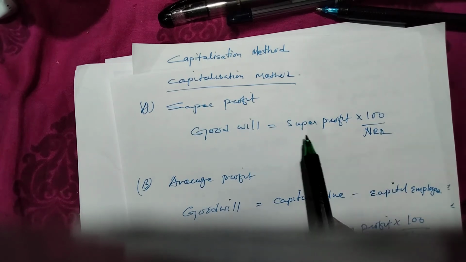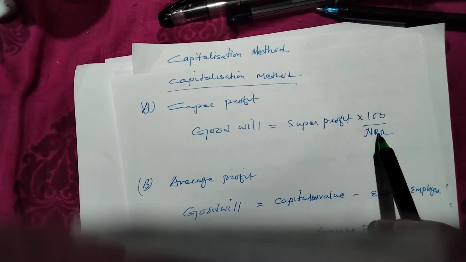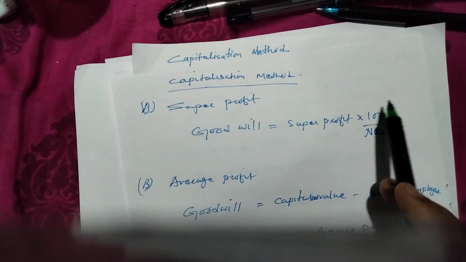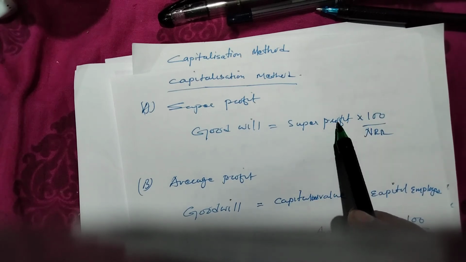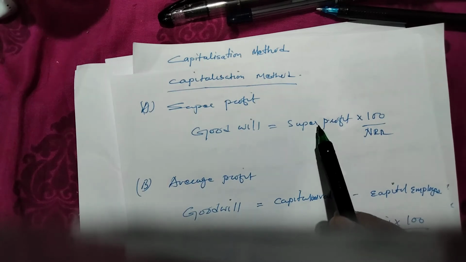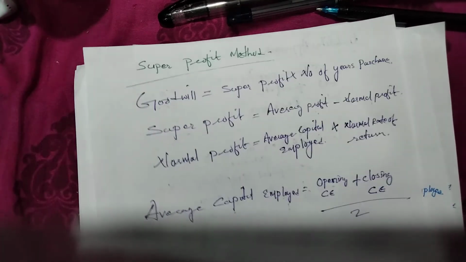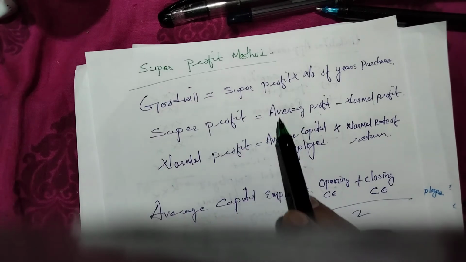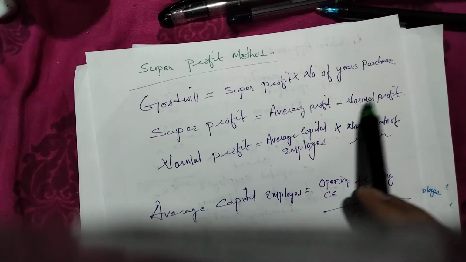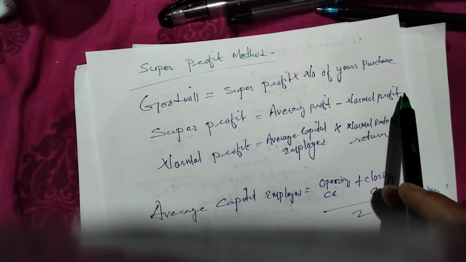NRR is given, 8 plus 2, 10%, and 100 is there. So you have to find super profit. For this you require the formula for super profit. As you already know, super profit is equal to average profit minus normal profit. So you need to find average profit and normal profit.